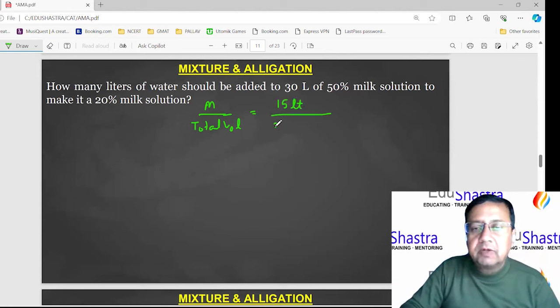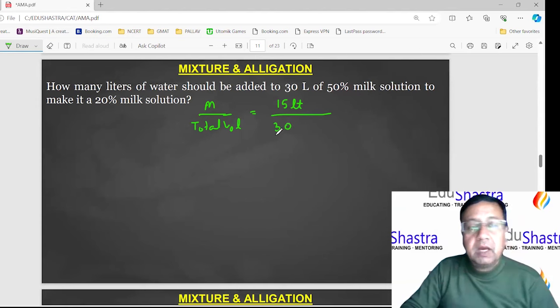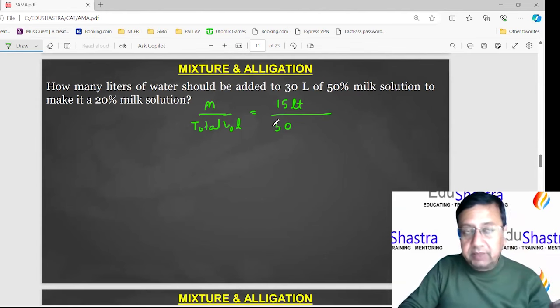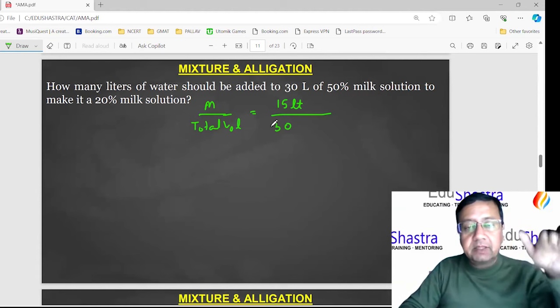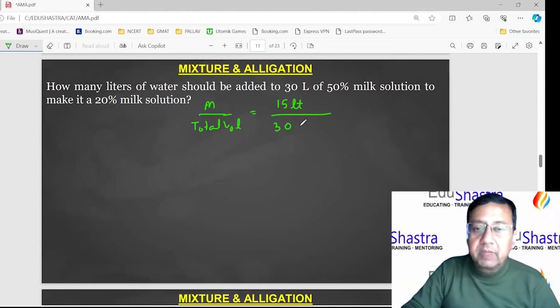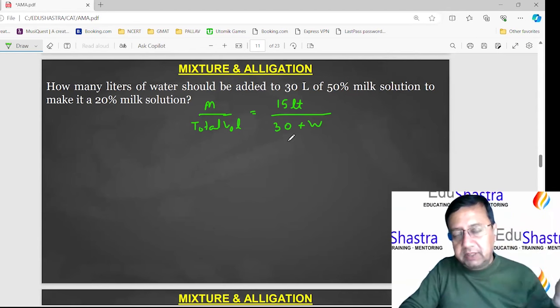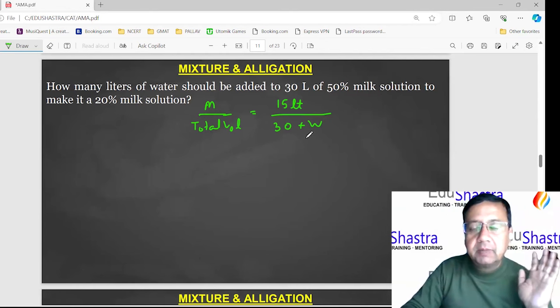And what is the total volume? 30 liters. Now, in this we are not adding milk. We are just adding water, the other component, and decreasing the concentration of milk. So suppose I am adding W liters of water here. So milk to the total volume: 30 is already there and I am adding W liters of water.